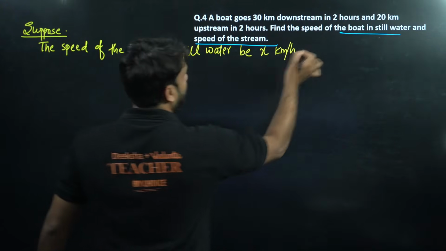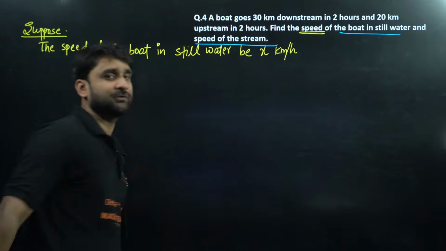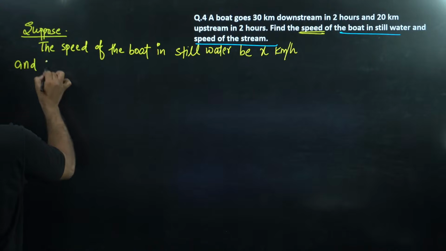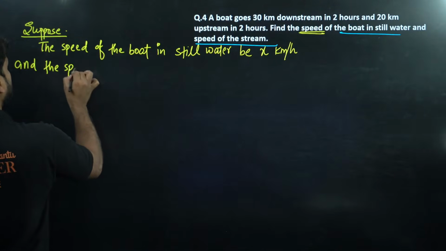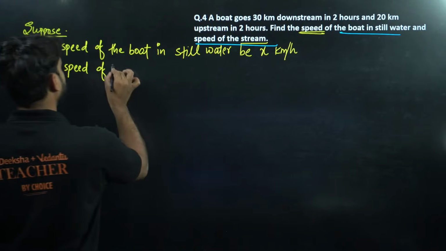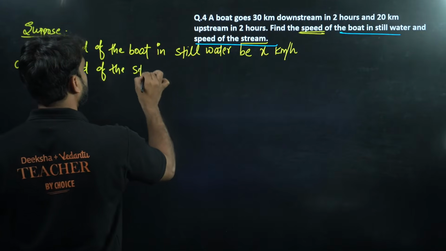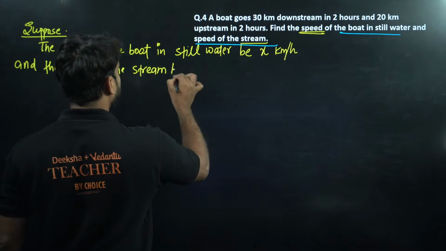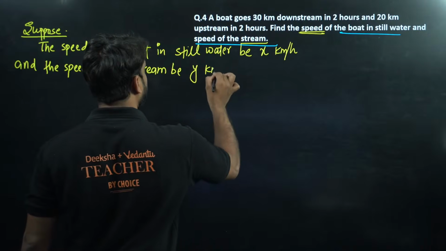We are talking about speed, so make sure to write the unit also, x kilometer per hour. And the speed of the stream. Stream means flowing water, flow of water, current of water. Speed of the stream be y kilometer per hour.